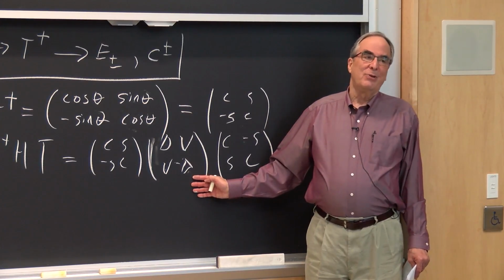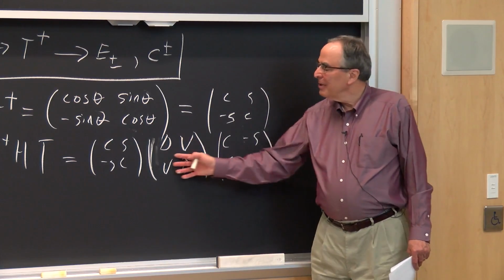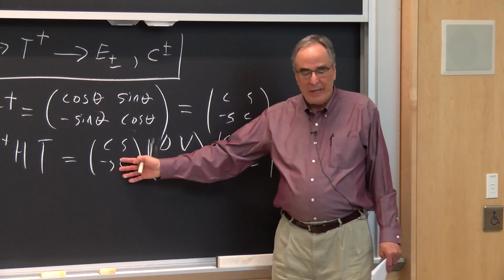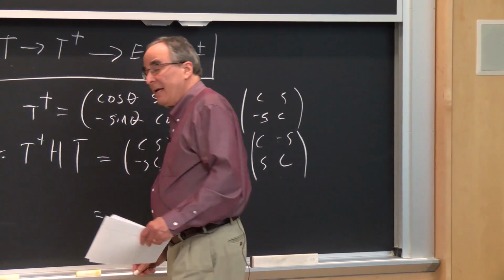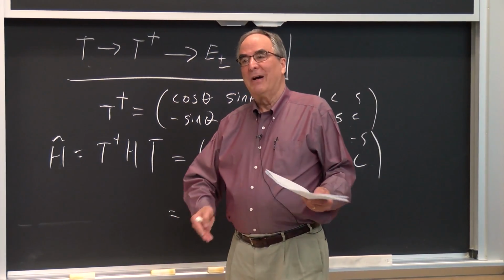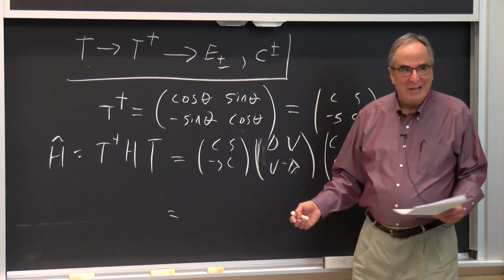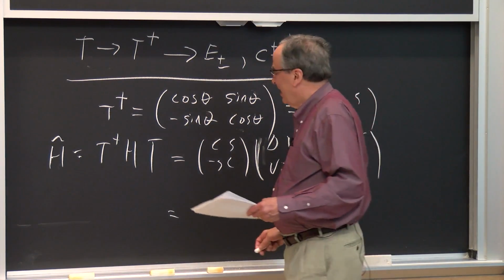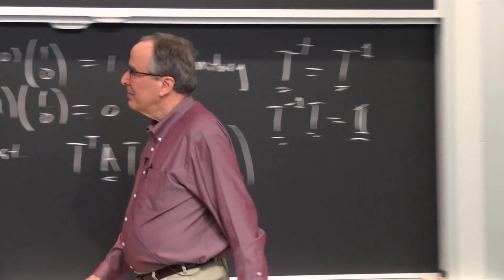Now that's not something you do in your head. You could do 2. So you multiply these 2, and then you multiply by that. And I would be here for hours doing this, and you wouldn't learn anything except that I'm a real klutz. The result, I should write this on its own board because it's really important.